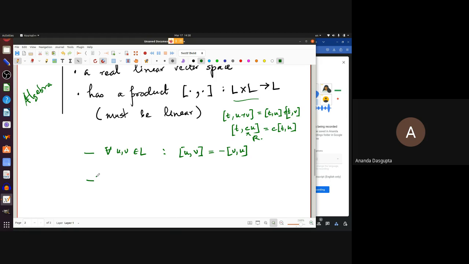A product is something which takes in two vectors, returns another vector in a linear fashion. But here you have this additional demand that it must be anti-symmetric and it must obey the Jacobi identity, which is for all u, v, w belonging to L, these double commutators must add up to 0.